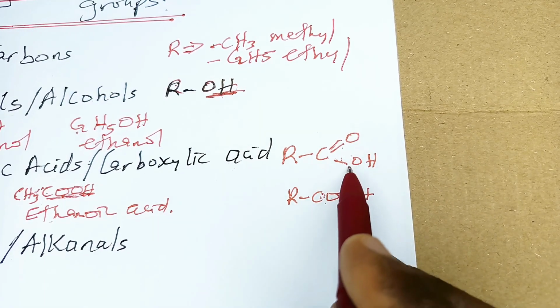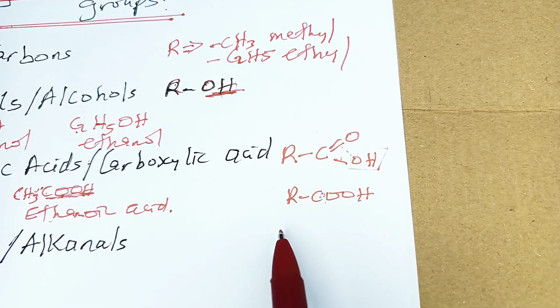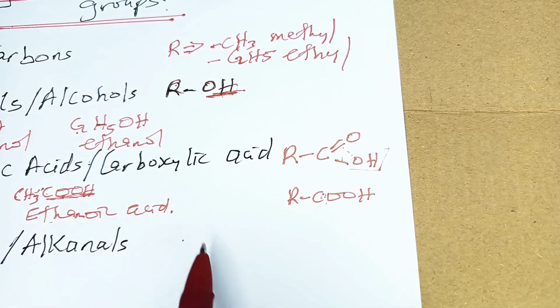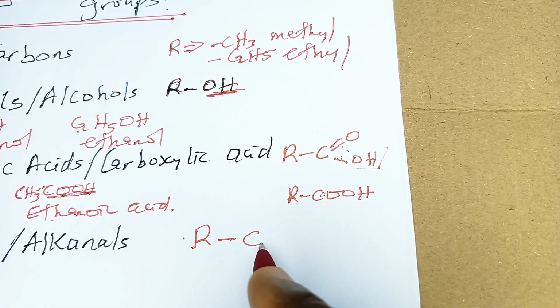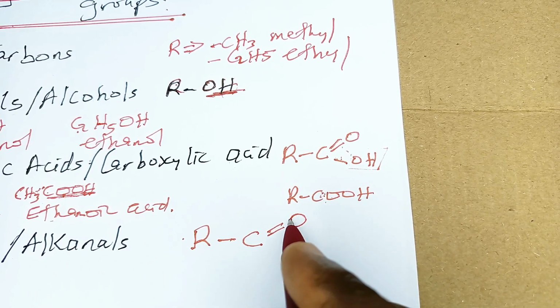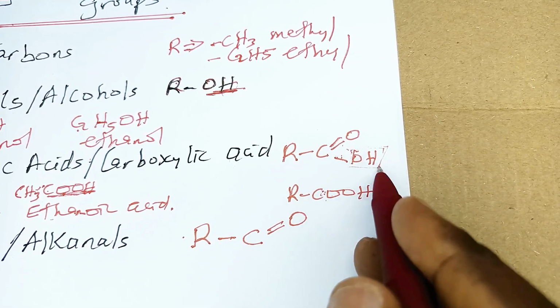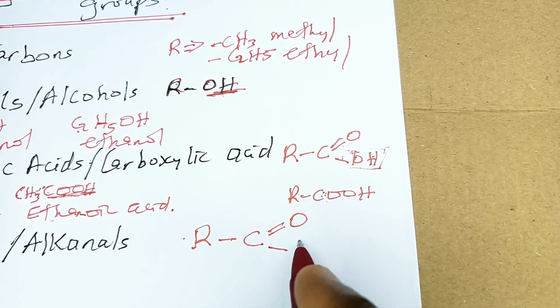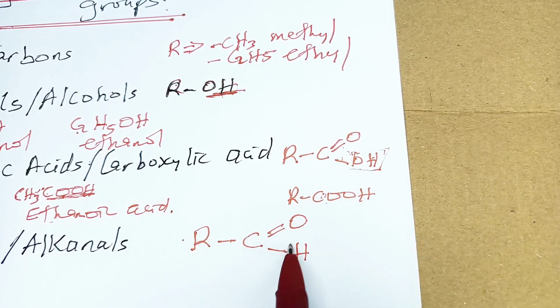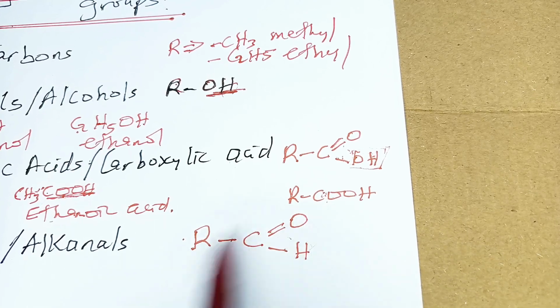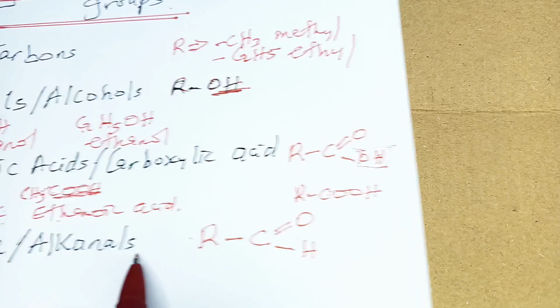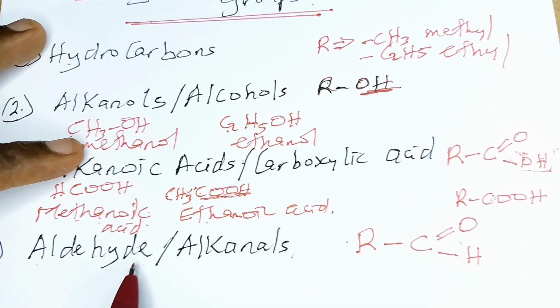This OH group can be replaced by hydrogen. So it will be R, the alkyl group, to C double bond O, and instead of the OH, you now have hydrogen. Whenever you see this functional group, it is called alkanals, or generally known as aldehyde.